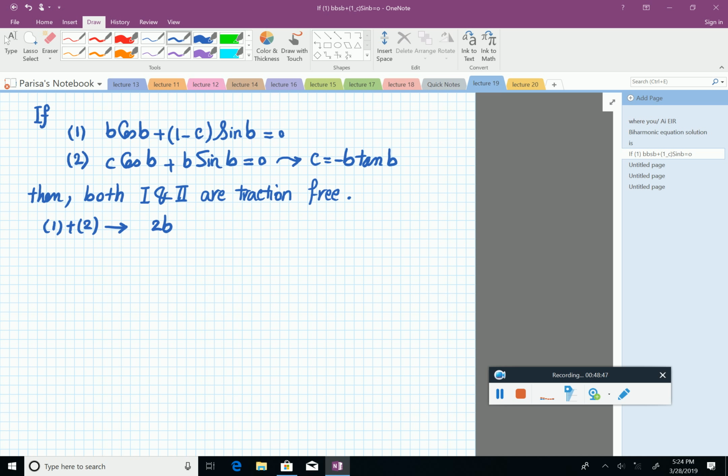And then if you substitute c up, you get this equation, 2b plus sine 2b equal to 0. Okay. Does this equation have any roots? x plus sine x equal to 0.